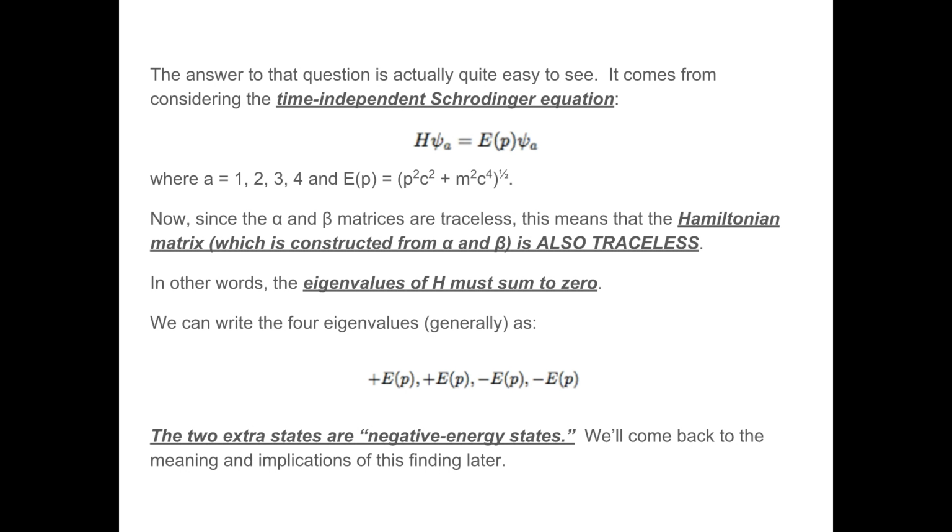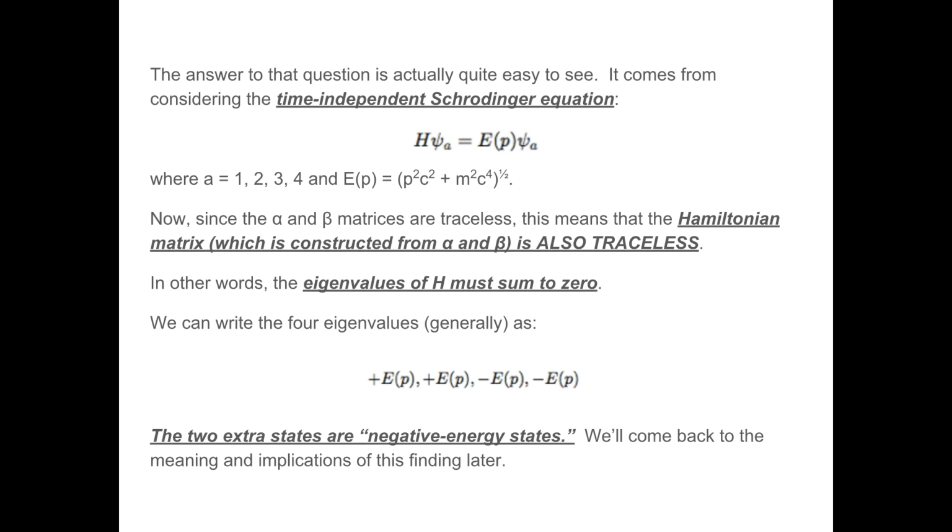If alpha and beta are traceless, the Hamiltonian is traceless, which means the eigenvalues of the Hamiltonian have to sum to 0. If you diagonalize the Hamiltonian, you would have your eigenvalues, the E_p, along the diagonal, and you would need those to sum to 0.